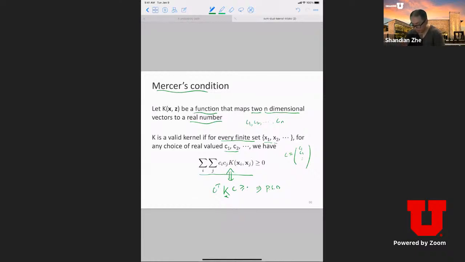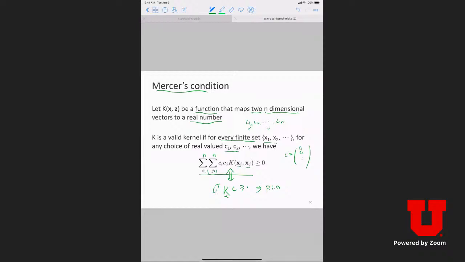If you do the double summation with i from 1 to n and j from 1 to n, you enumerate every pair of the c values and multiply with the kernel function value of the corresponding vectors. Their total summation is non-negative. So it's every pair of c's, but I don't quite understand why we're doing that.